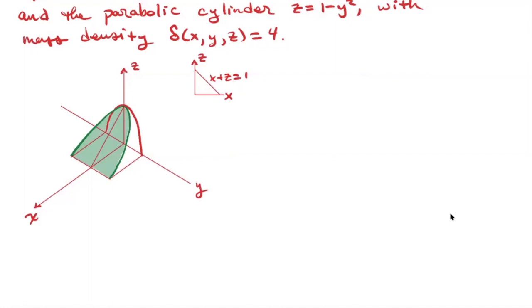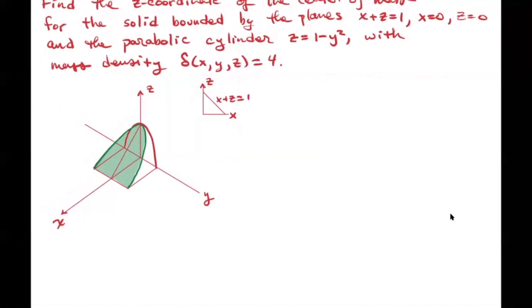Okay, so the green is x plus z equals 1. And I'll do the cylinder real quick.